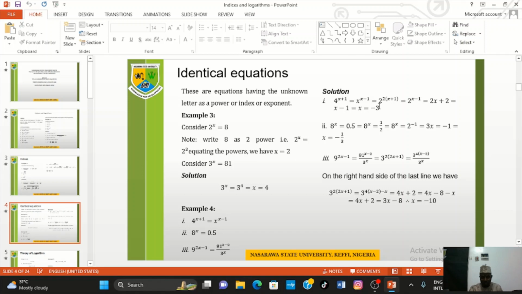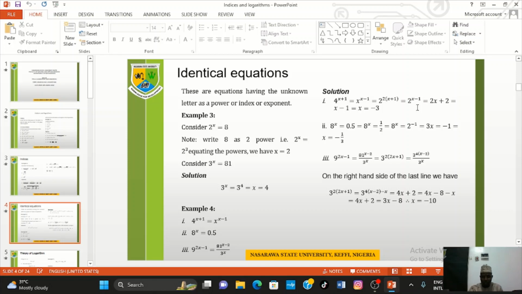Since you have made the base the same, you equate the power. When you equate the power, open the bracket on the left hand side of this equation. 2 multiplied by x gives us 2x. 2 times 1 gives us 2. And that will be equal to x minus 1.